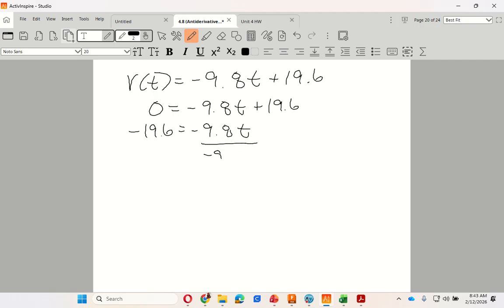Divide by negative 9.8. t equals 2. Could I have taken the derivative of my position to find it? Yeah. But sometimes we have it all there anyway. Sometimes you don't. So that's why you need to know what steps to take anyway.